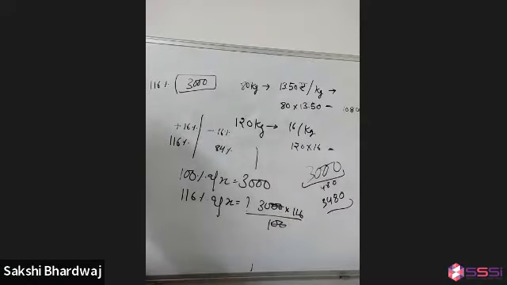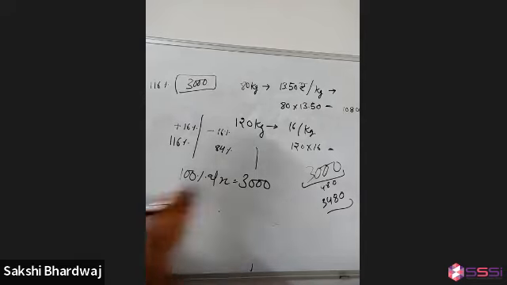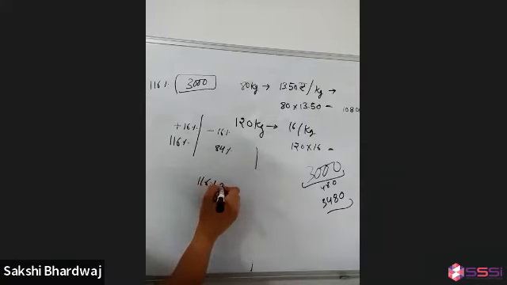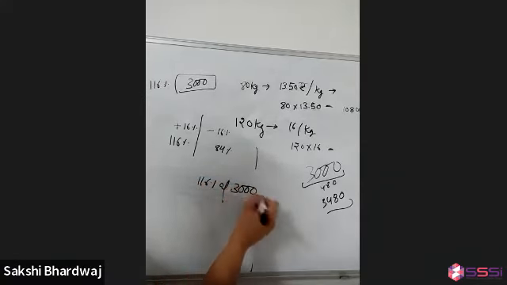That's how we're going to write it. 116% of 3,000 still comes to 0.258.